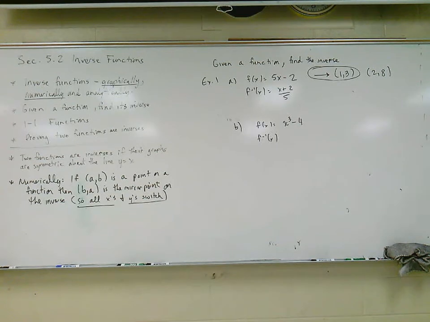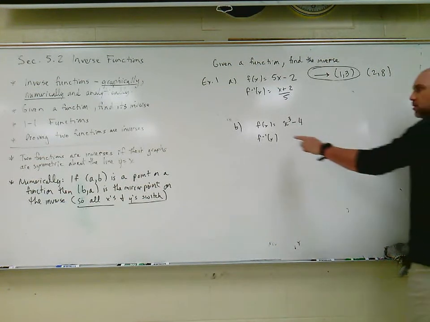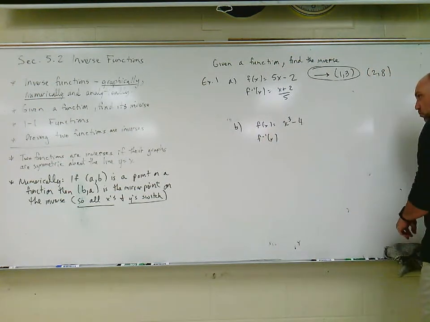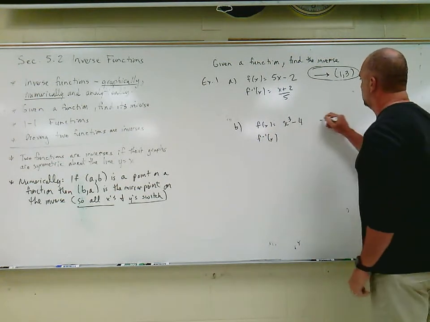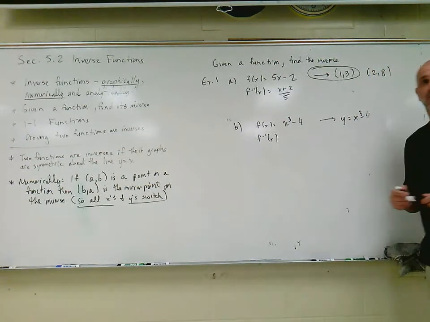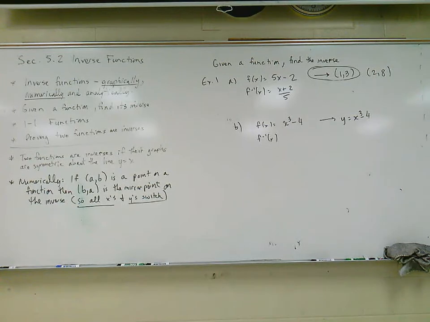Swap the x and y's. Yeah, so there's no y on this, but I'm going to change f to a y. So I'll make this y equals x cubed minus 4, right? And then I'll switch my x's and y's and I'll solve. So you're going to have to do a little algebra. You're going to be able to isolate y.